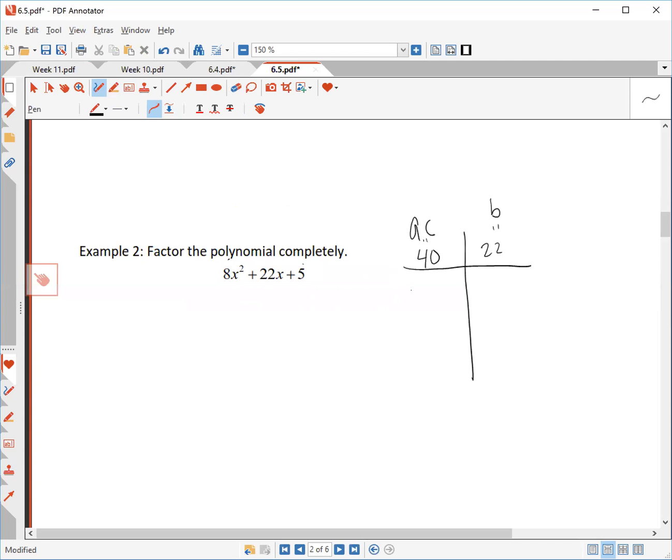So our two numbers that multiply together to give us 40 that add to 22 are 2 and 20. Now, it's not like magic anymore. I just can't place them in there. What I have to do is replace the 22x with the 2x and the 20x.